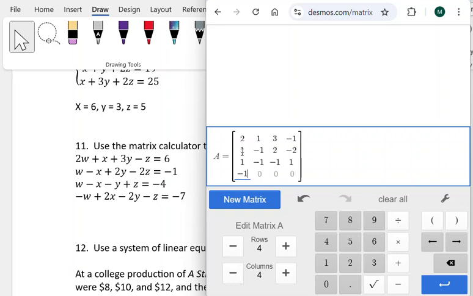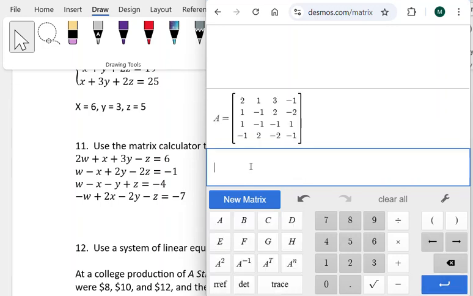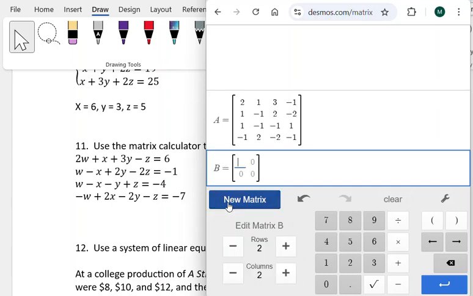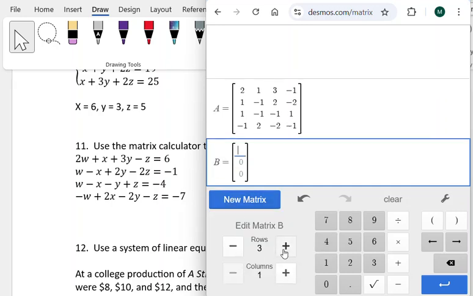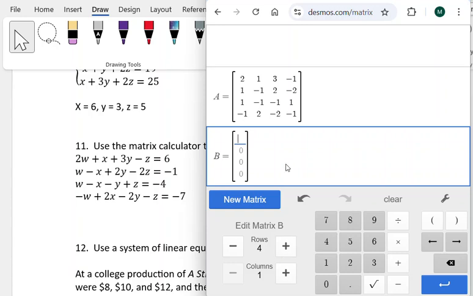And then negative 1, 2, negative 2, and negative 1. So that's my first matrix. Second matrix is going to be just 1 column and 4 rows. For my constants, we have 6, negative 1, negative 4, and negative 7.